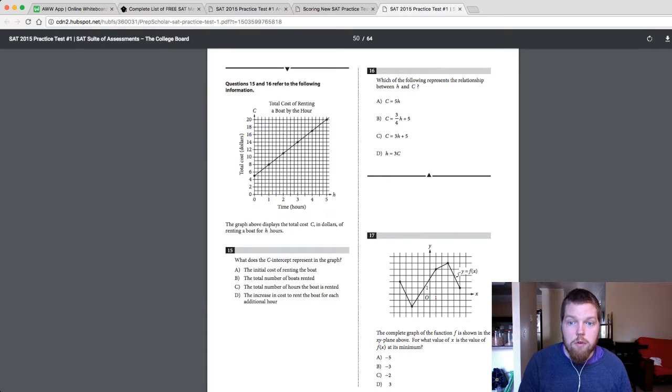16, which of the following represents the relationship between h and c? So we have the y-intercept, and we just identified the slope a second ago. From hour 0 to hour 1, we go from $5 to $8.